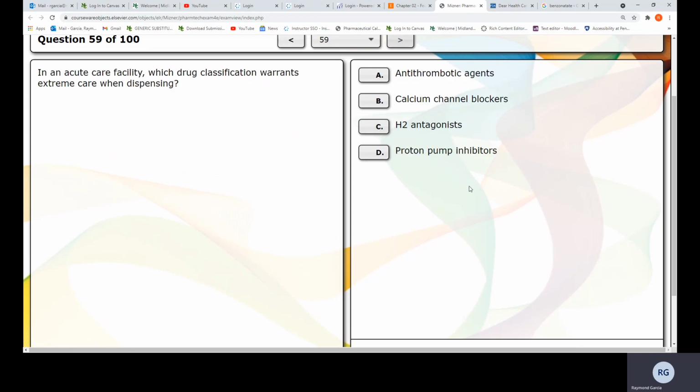In an acute care facility, which drug classification warrants extreme care when dispensing? Antithrombotic agents, calcium channel blockers, H2 antagonists, or proton pump inhibitors. And those are all drug classes.